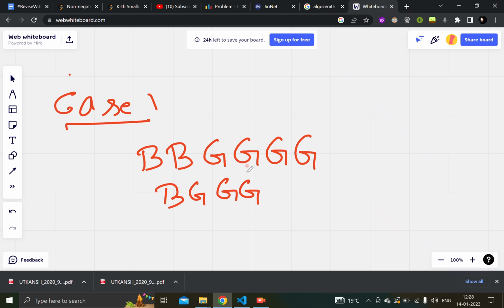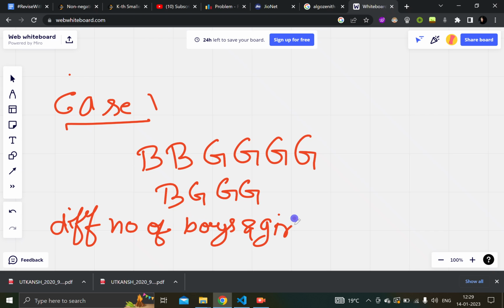What are the possible arrangements in such cases where the difference between the number of boys and girls is greater than 1? When I say the difference, I want you to take the mod of the number of boys minus the number of girls, like the absolute difference, without sign.